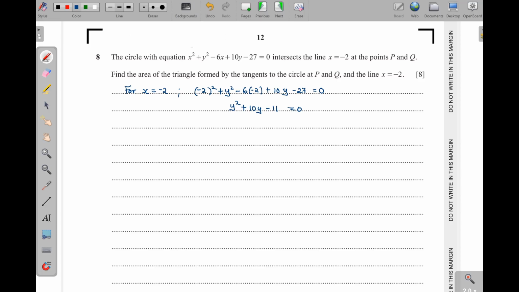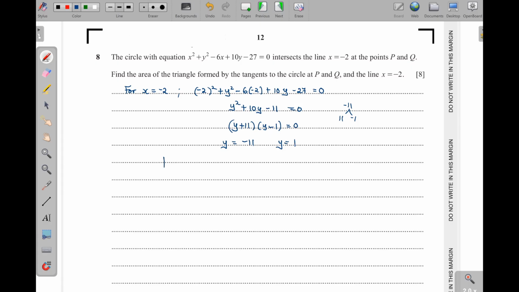Two numbers, when I multiply them, they give me negative 11, but when I add them, they give me 10. I think we shall have 11 and 1, but 1 has to be a negative. So we have y plus 11, and then y minus 1, which is equal to 0. So meaning y is equal to negative 11, and also y is equal to 1.